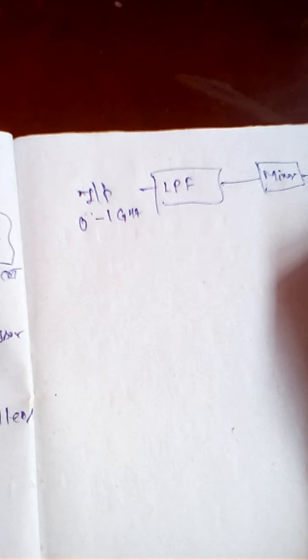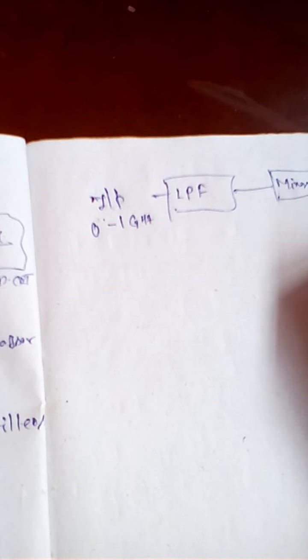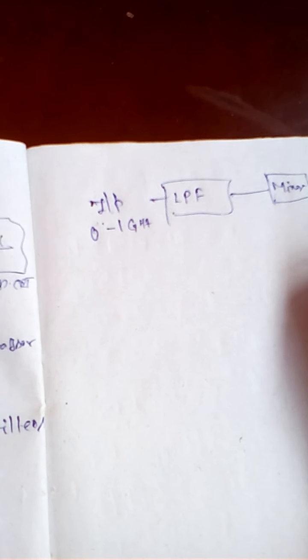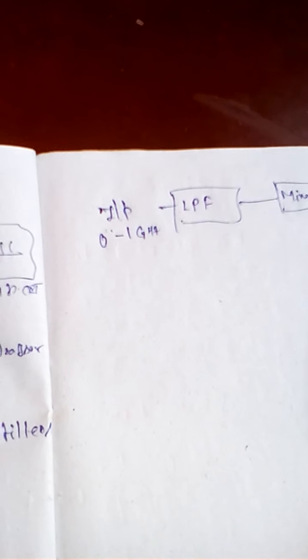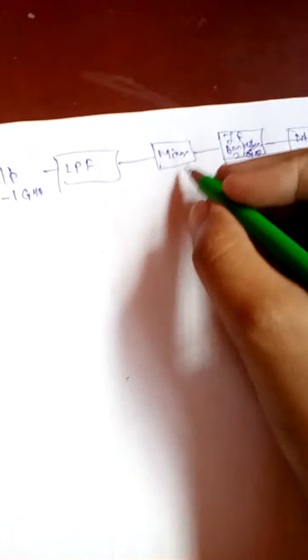Then the mixer, then the IF amplifier, suppose it gives 2 gigahertz, then the detector.